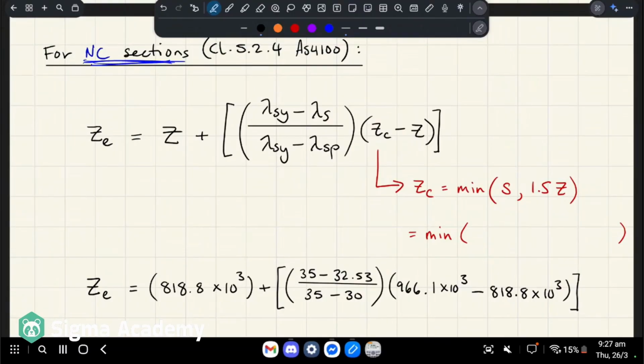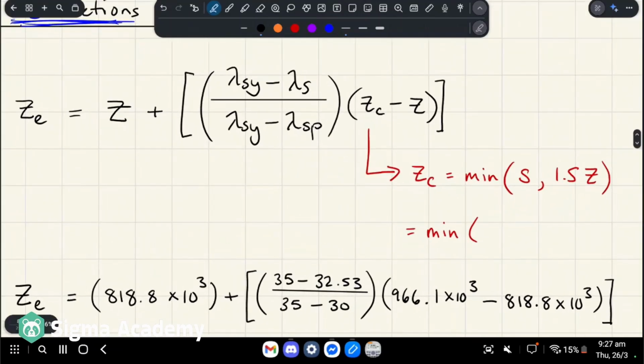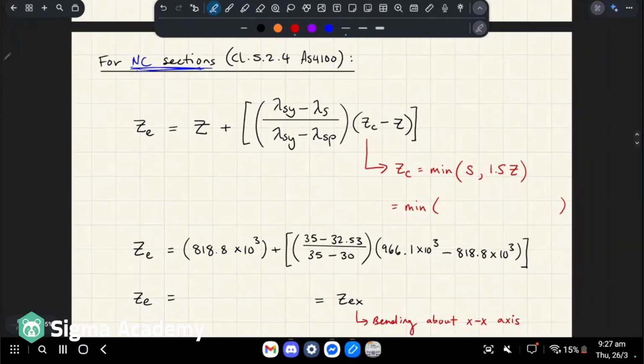Give me 1 sec. Let's go into my notes again. Okay, so the value for S was 966.1 times 10 to the 3, and 1.5 times Z was whatever value we had for Z multiplied by 1.5.